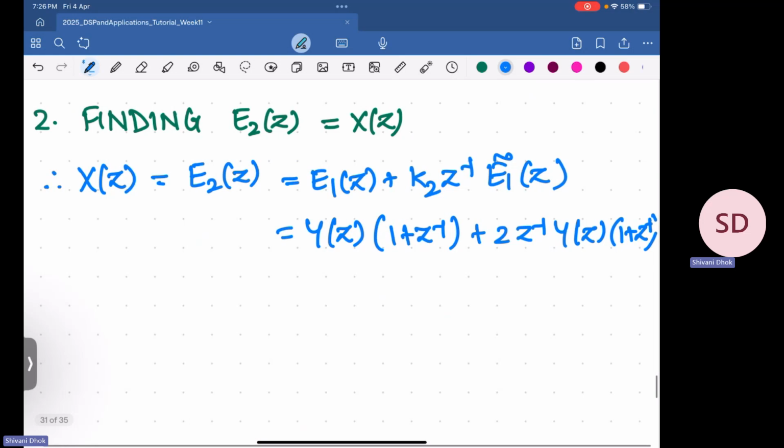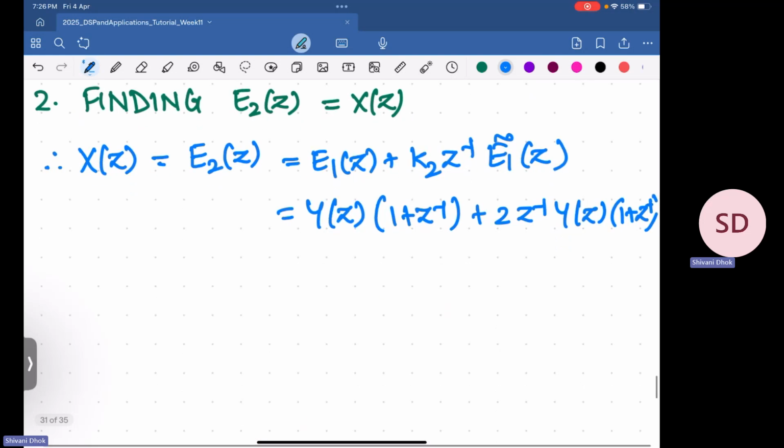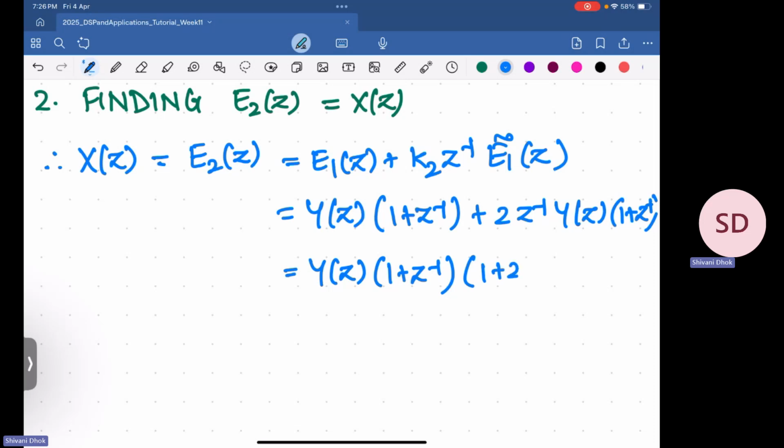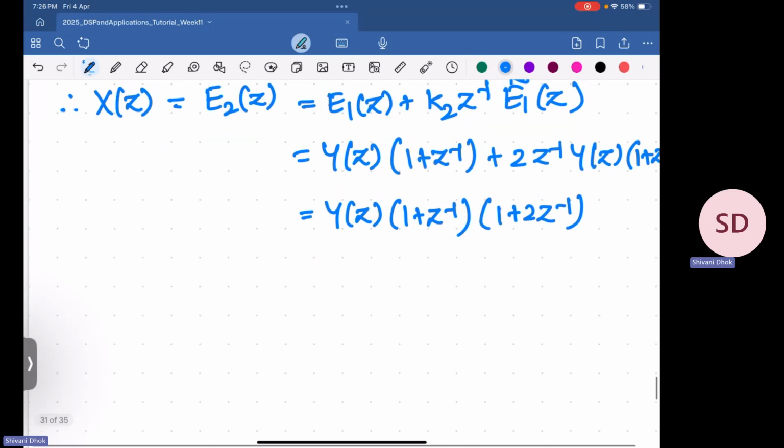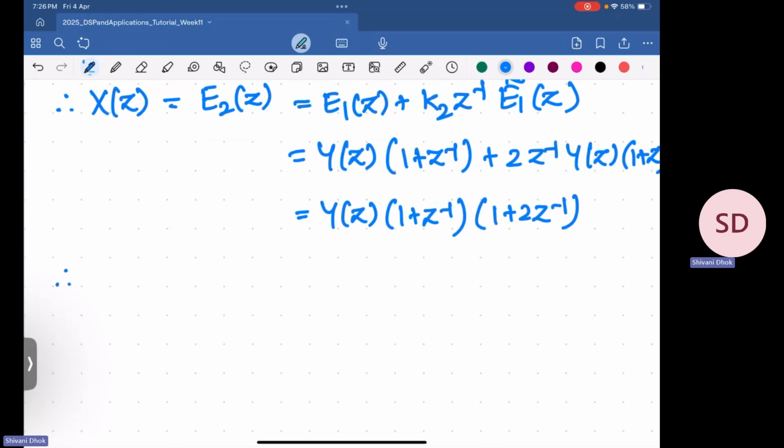Now I can take out common y of z into 1 plus z inverse. So I have y of z into 1 plus z inverse, and what I am left with is 1 plus 2z inverse. Therefore, x of z is equal to y of z into 1 plus z inverse into 1 plus 2z inverse.